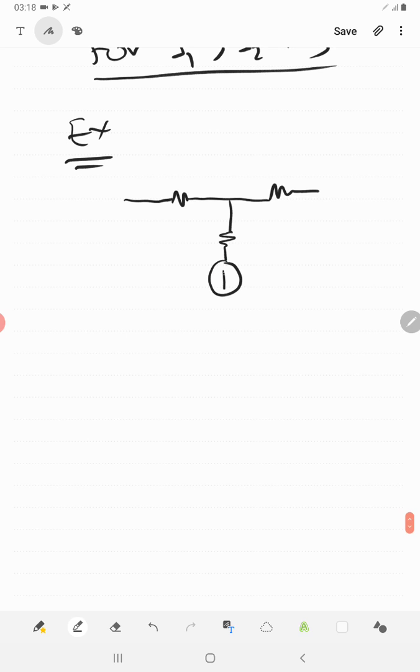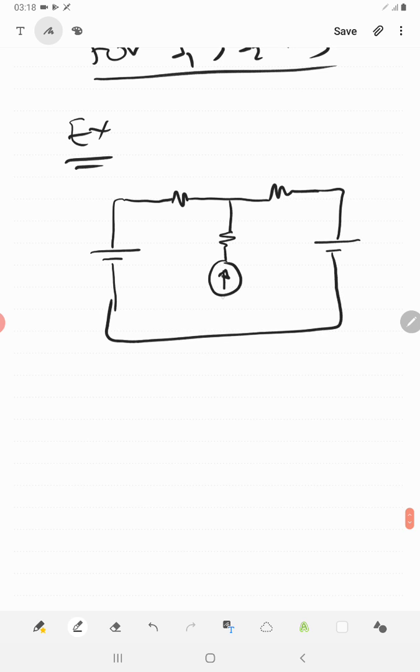Let's have a voltage source here and another voltage source here. Let's give them 10 ohms, 20 ohms, and 5 ohms. Let's have 2 amps here, plus minus, let's say 30 volts, plus minus, let's say 120 volts.